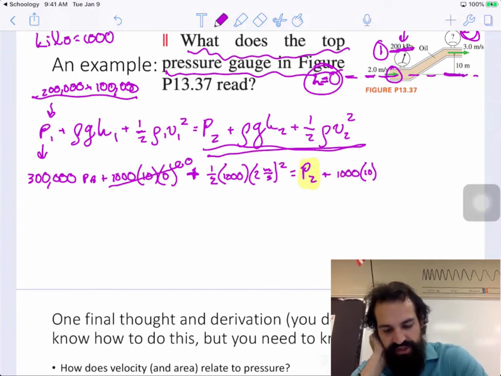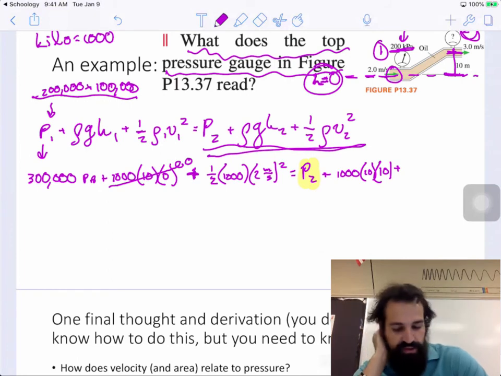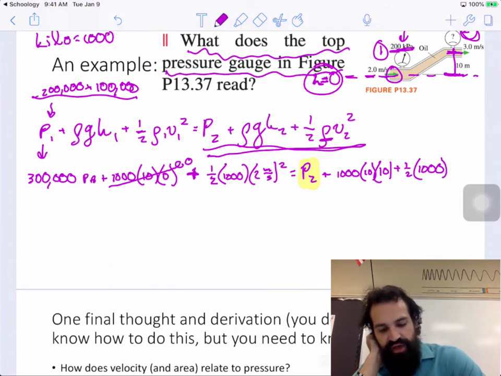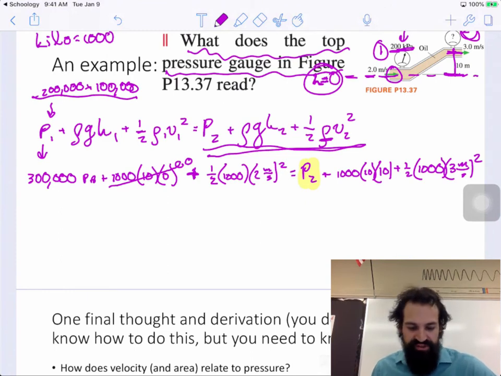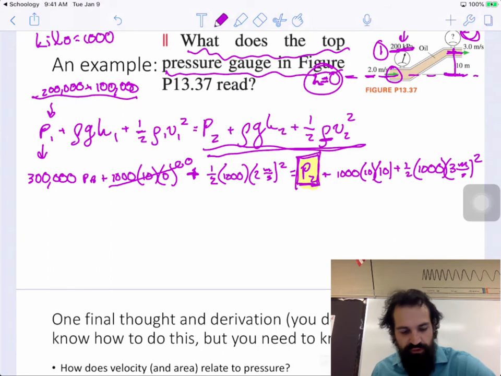Well, if this is height 0, that would make this 10 meters high. Plus the kinetic at 2, 1/2 times 1,000 density times the velocity, 3 meters per second, but don't forget to square that. So now it's just algebra solving for P2. This is the only unknown variable, which means we can very simply solve for it.